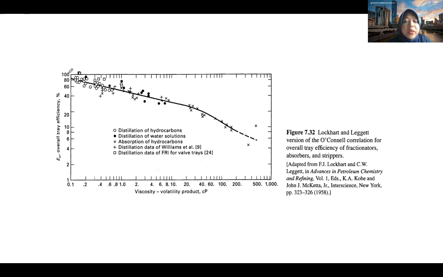But if you're dealing with distillation of hydrocarbon, look at the white circle here, it ranges from less than 90% up to 90%. So it really depends, between 60, 40, or sometimes it can be only 8%, for absorption of hydrocarbon.